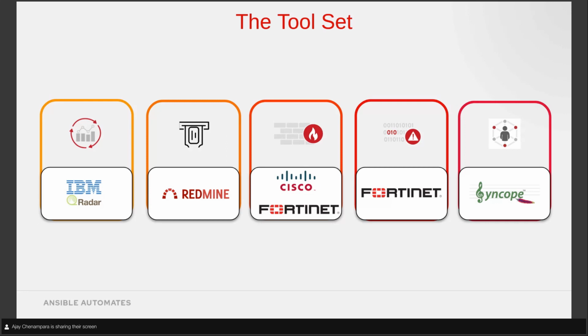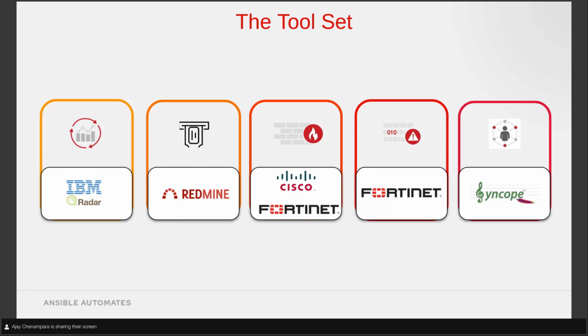Redmine is an issue tracking software. So typically, when an incident happens, you have to log an issue somewhere. So the toolkit here is Redmine. Cisco and Fortinet firewalls will be used for enforcing endpoint security.